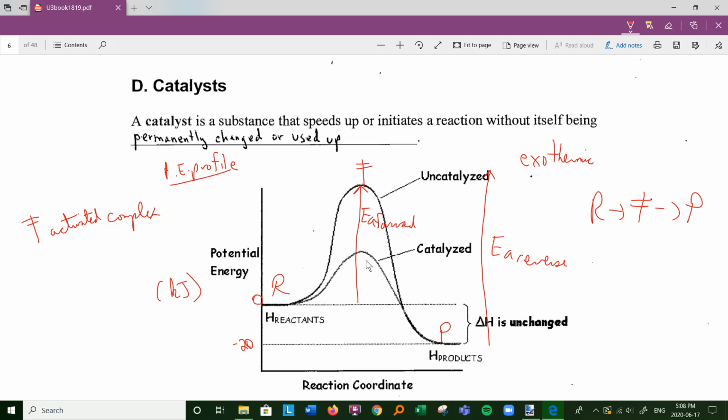Now, you see what I've done here is I've lowered the activation energy by putting in a chemical called a catalyst. So that is the forward activation energy, but catalyzed. So what can I stick in there? EA forward catalyzed.